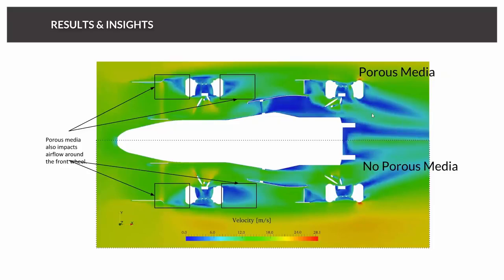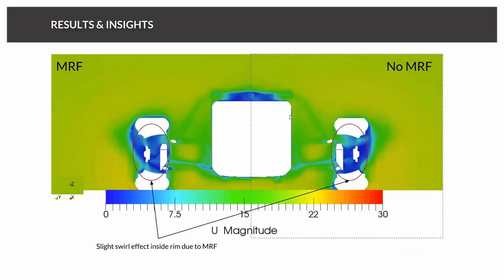We have a completely different velocity field inside the side pod, but not only there. It seems that now the flow is taking a completely different path around the wheel. While we have this big wake here, it's much smaller with the porous media and also bent around. And this is something where, without porous media, you will really get wrong results.